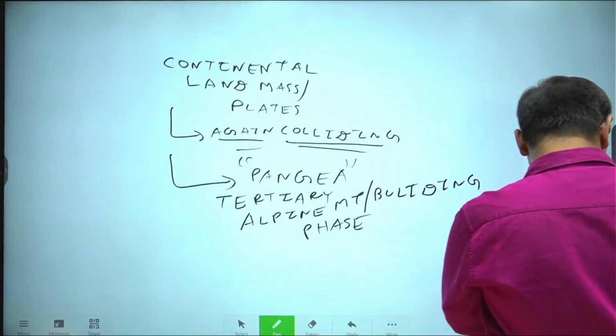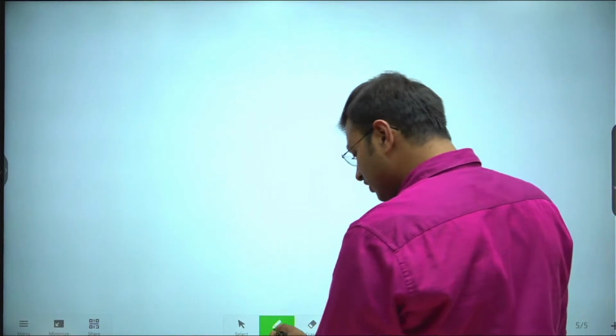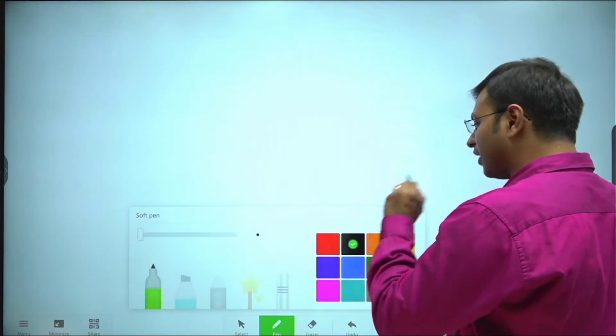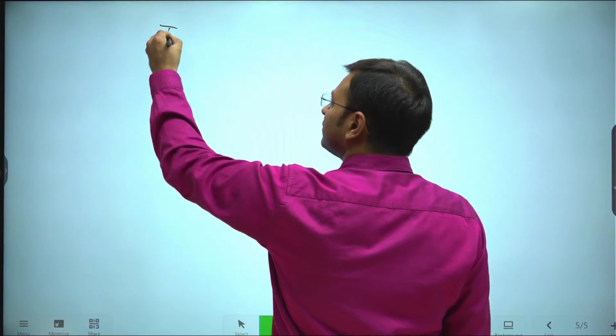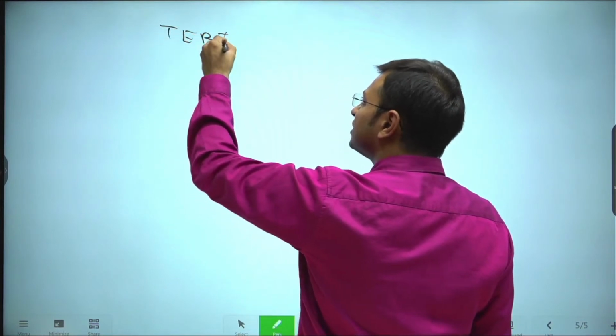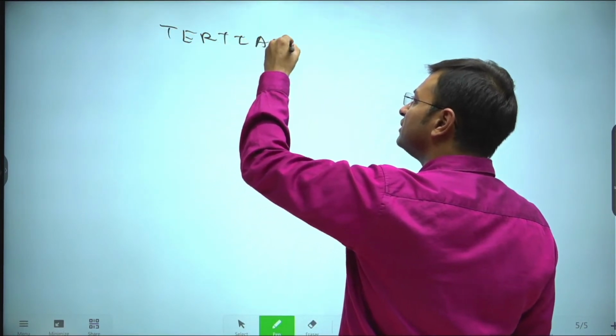So now if I'm discussing the tertiary alpine mountain building phase, which mountains do you have? First of all, I will be writing the names of the mountains and then we'll be marking them in the atlas.